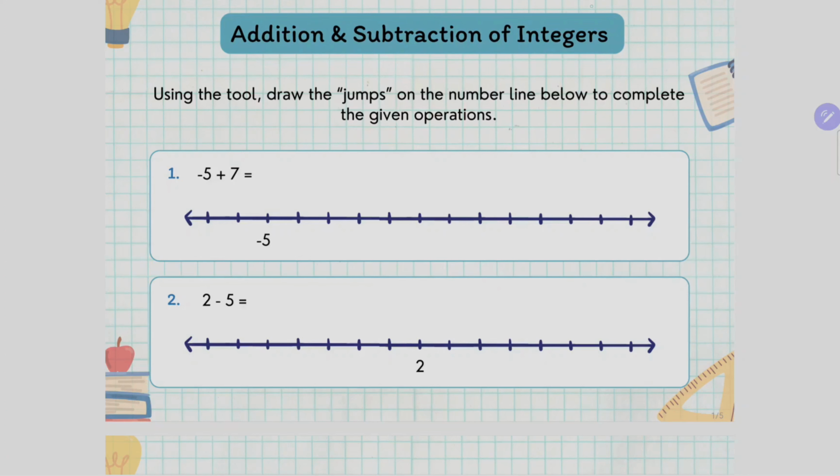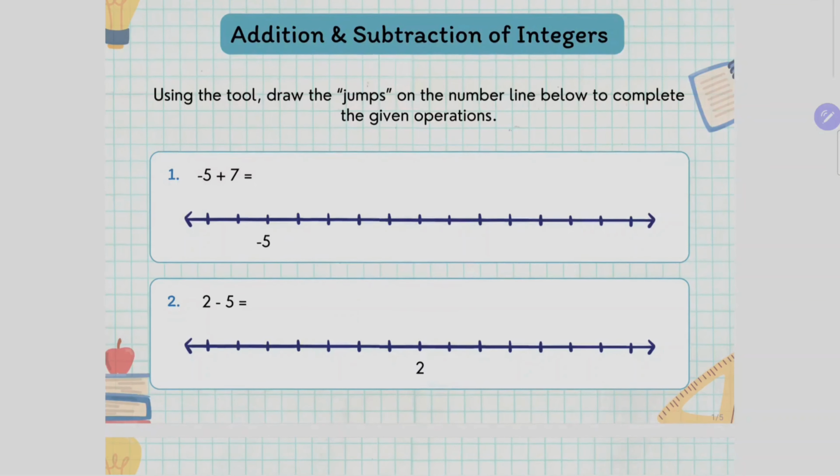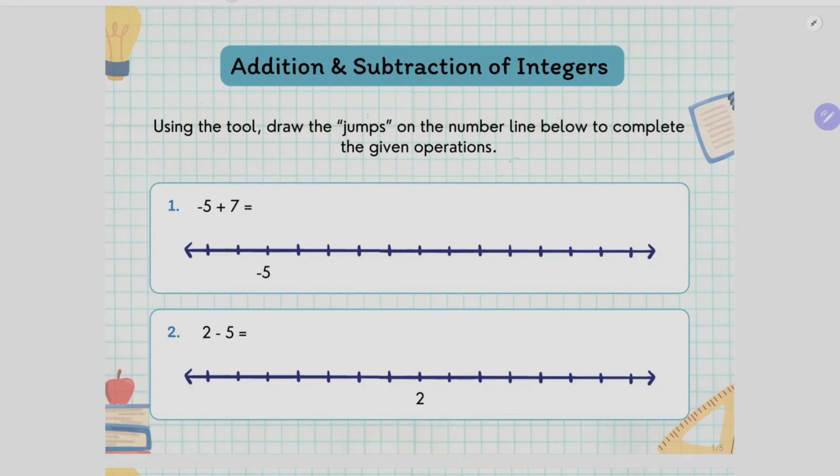Now let's look at the first problem here. It's -5 plus 7. We start at the -5. The operation is plus 7, so we need to jump 7 jumps, or 7 units, to the right. So we have the number -5 here, and we're going to jump 7.